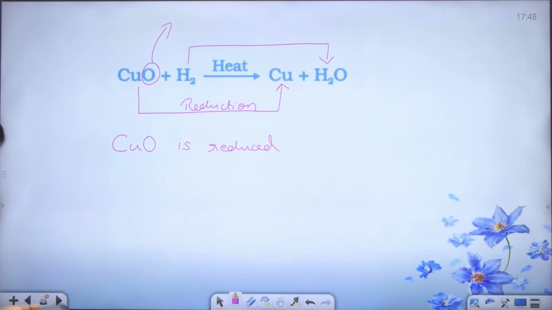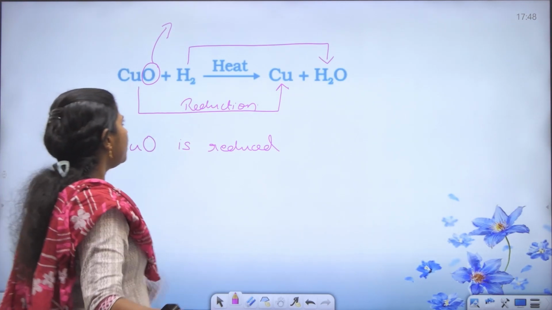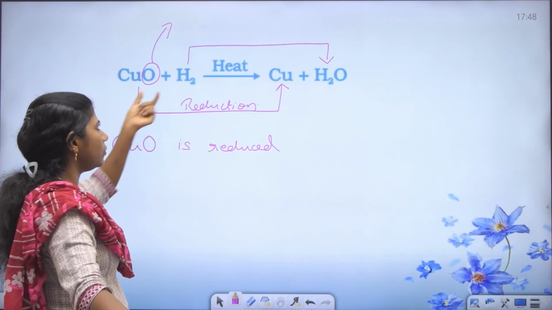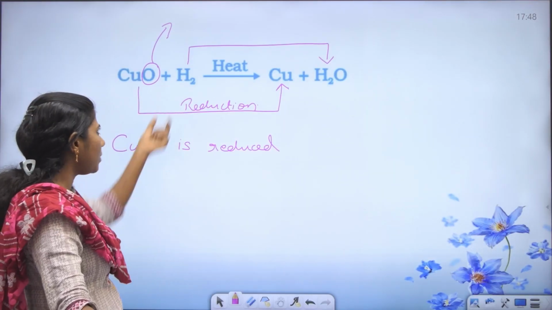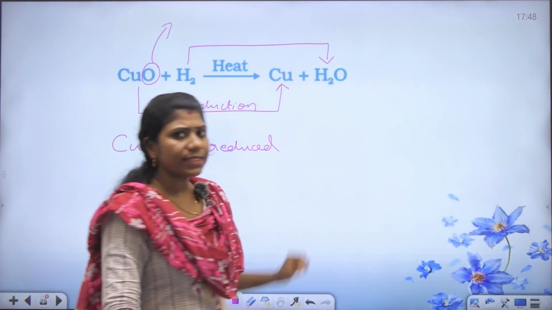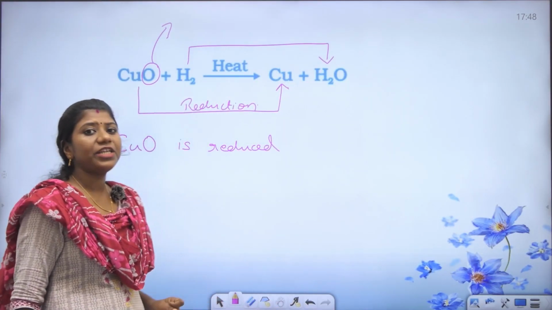And here H2 changed to H2O. Here only two hydrogen atoms are present. It's a hydrogen molecule, two hydrogen atoms combined to form a hydrogen molecule. Here it combines with oxygen to form a water molecule, H2O.